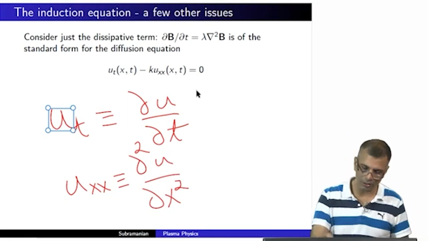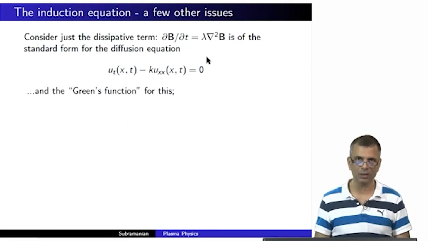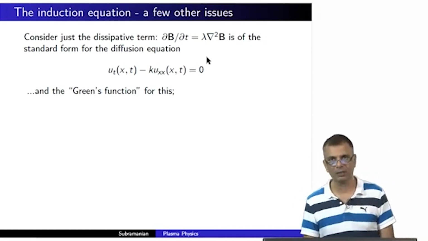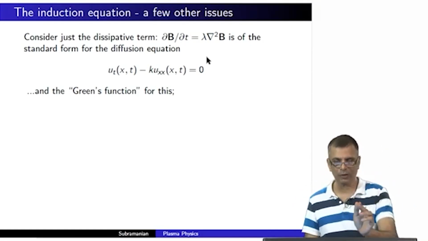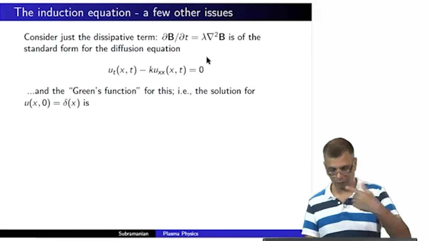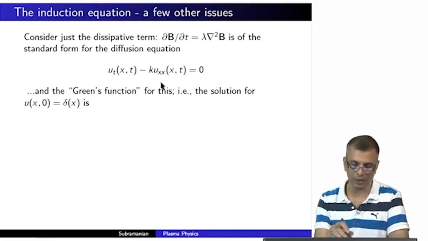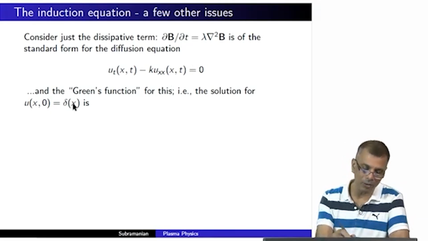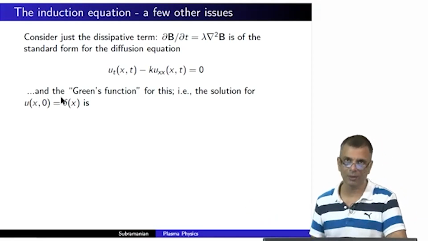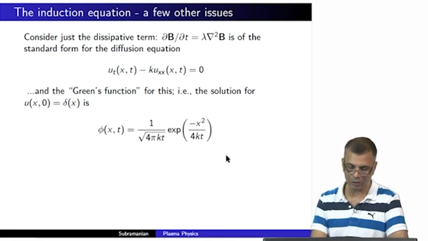So, this is a standard diffusion equation, and the Green's function for this, you can think of the Green's function as a response to a delta function excitation. In other words, at time t equals 0, you have a delta function injected into this, and you want to see how this excitation proceeds with time. That's what the diffusion equation is going to tell you, and the solution is this.